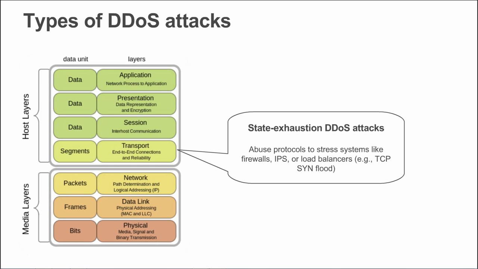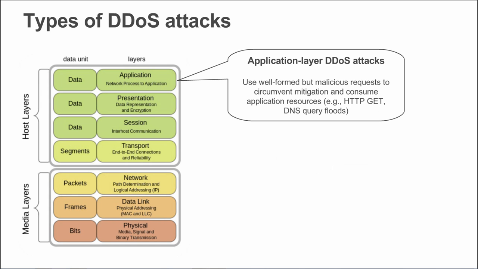Attacks could also be state exhaustion attacks, which try to use up the connection tables and exhaust the connections available to real users. And lastly, there are more sophisticated DDoS attacks, like application layer DDoS attacks. These look like very well-formed HTTP requests, and the attacks are HTTP GET requests or POST floods or even DNS query floods.